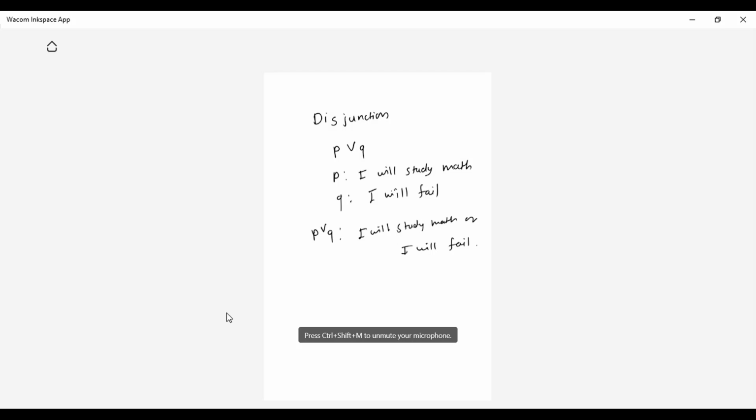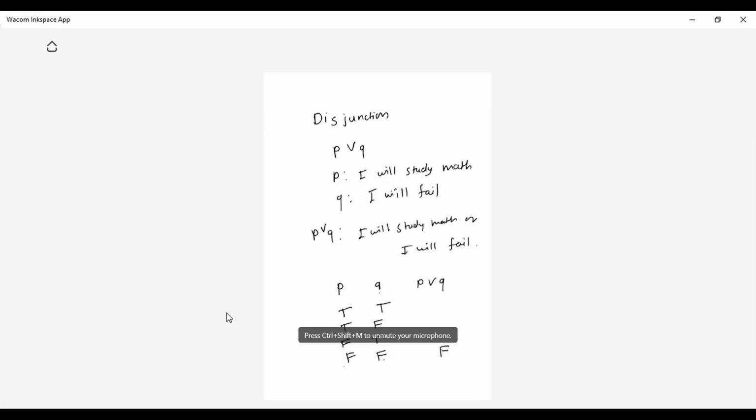And what would be the truth table for this? P, Q, P or Q. So true, true, false, false, true, false, true, false. So for P or Q, here only for false and false are we getting false.